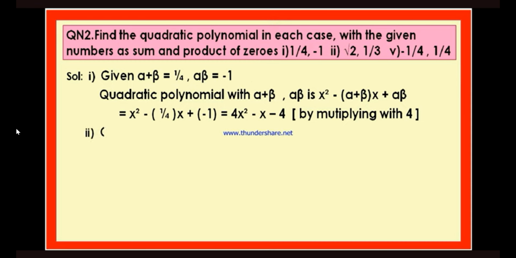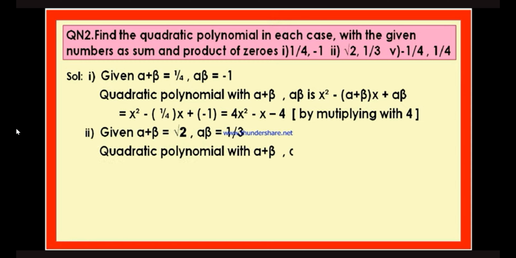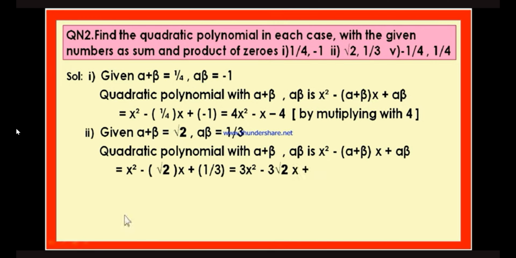Now look at the second bit. It is given that alpha plus beta is root 2 and alpha into beta is 1 by 3. This is the sum of the zeros and this is the product of the zeros. Again, the quadratic polynomial is x squared minus (alpha plus beta) into x plus alpha into beta. Let us substitute these values: x squared minus root 2 into x plus 1 by 3.